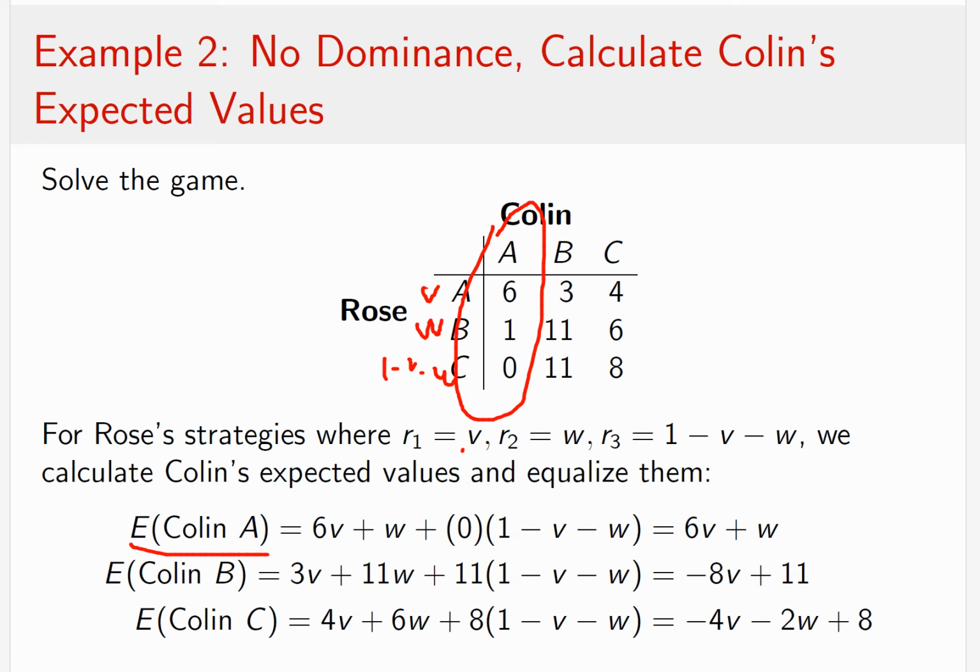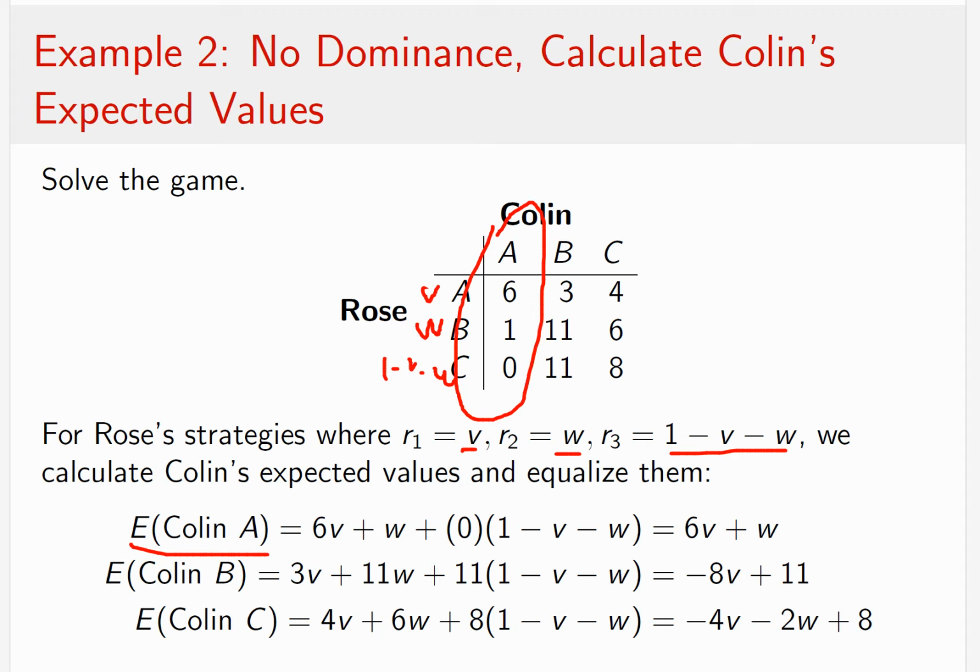So you see me switching from R sub 1, R sub 2, and R sub 3, which are going to be the vector components of the vector R, to V and W and 1 minus V minus W. It's simpler. It's going to simplify the equations that I have to write. And you can pick any variables you want.